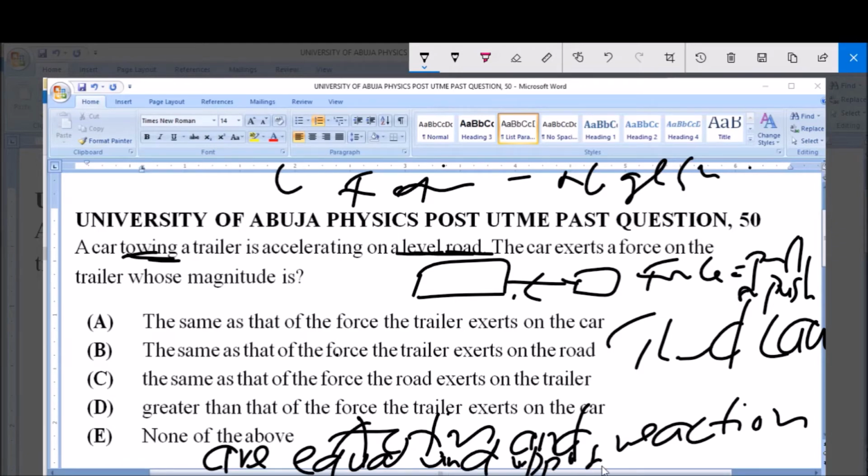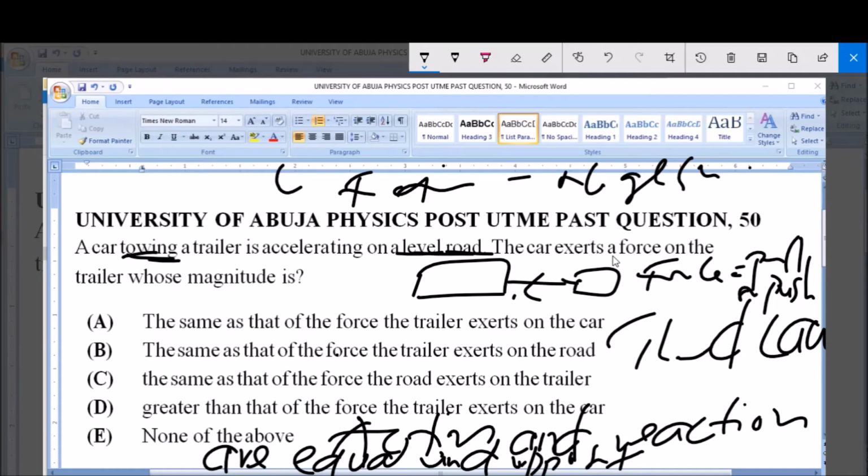In this case, the car is towing the trailer, meaning the trailer is exerting a particular force of pull on the car, and that is the action. The force of pull is the action. Now the car reacts in an equal but opposite reaction, meaning that what?